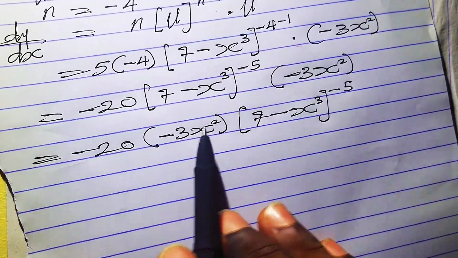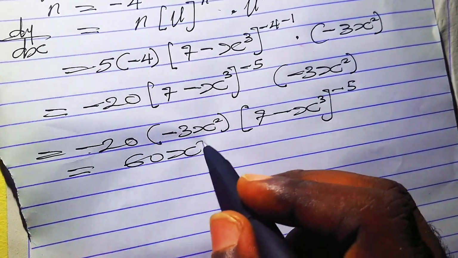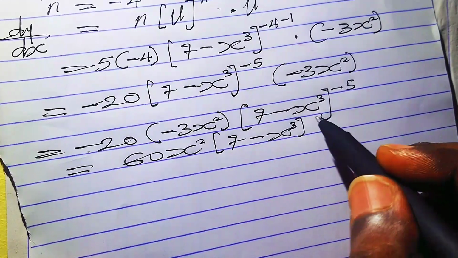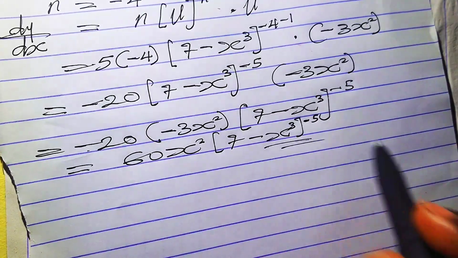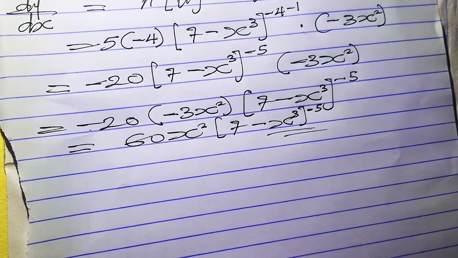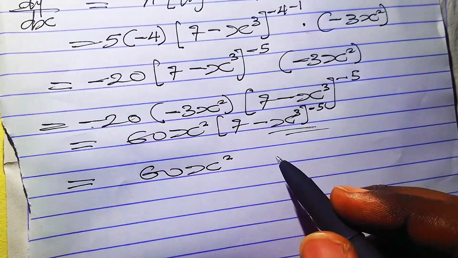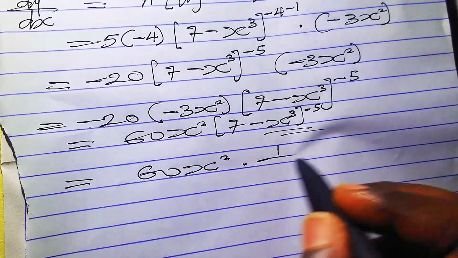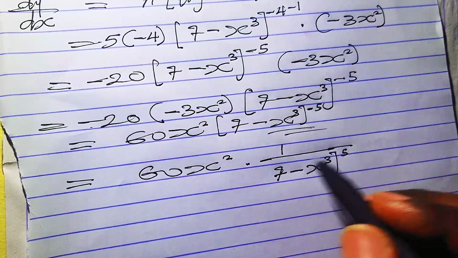And therefore, this times this is going to give us positive, so this is 60x squared (7 - x cubed) raised to the power of minus 5. This is basically meant to be the answer, but we can still simplify it so that our answer is expressed in its simplest form. The best way to express this is 60x squared multiplied by, since this is negative 5 there, 1 over (7 - x cubed) raised to the power of 5.